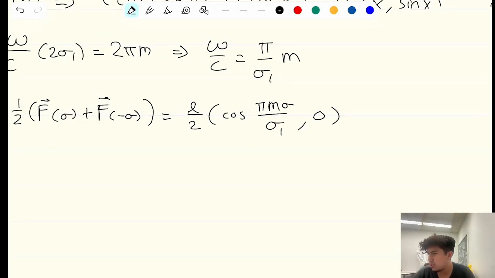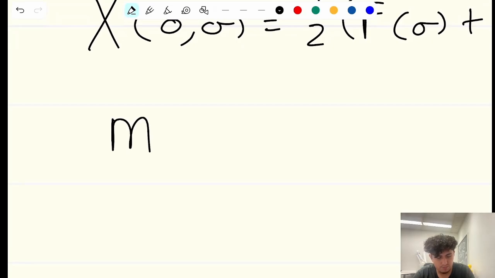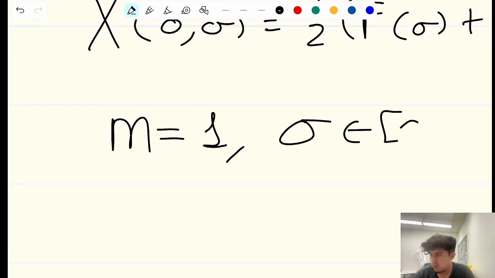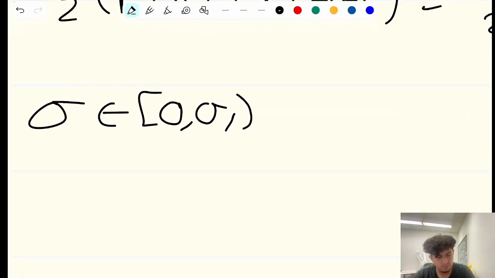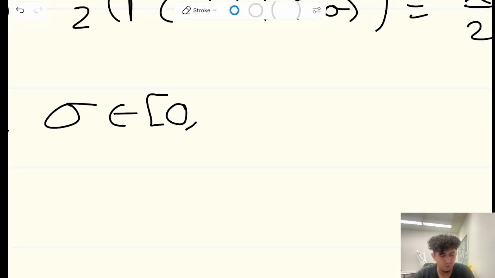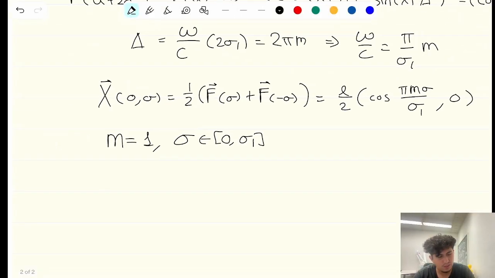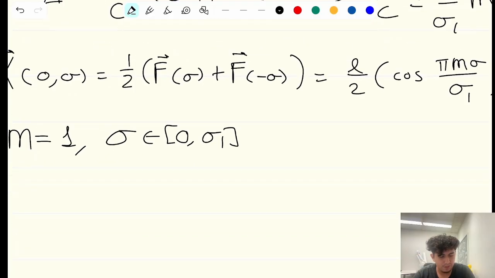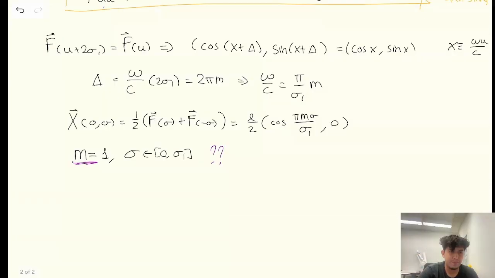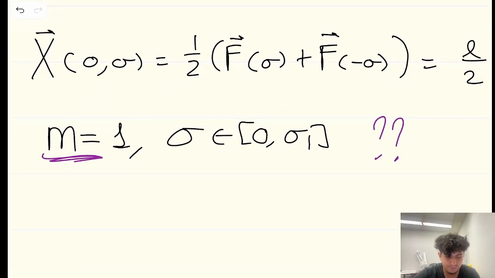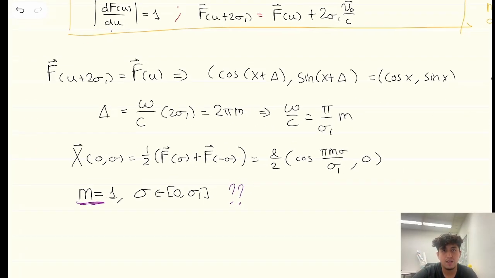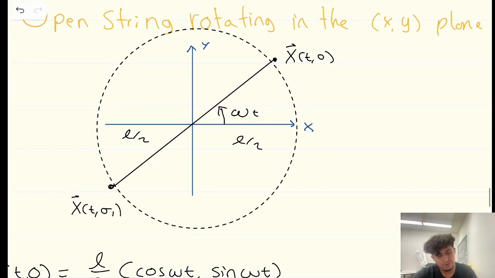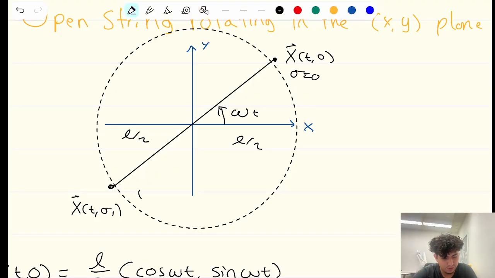Now we're going to choose m equal to 1. So what do you think happens if we don't choose m equal to 1 here? Any thoughts? Why did we choose m equal to 1? Basically because if you look at this, you have sigma 0 here and sigma 1 here.